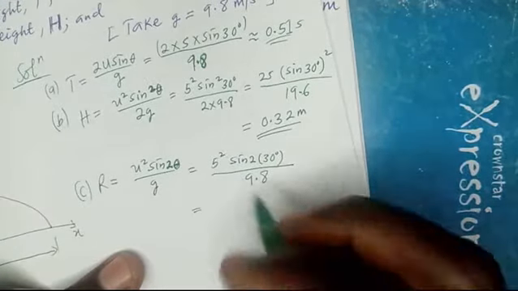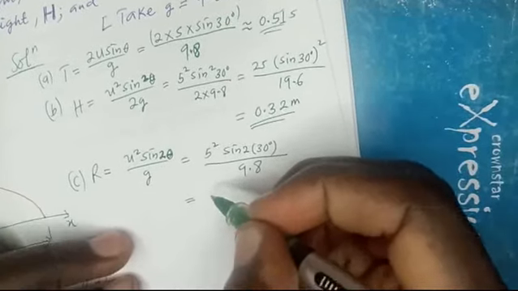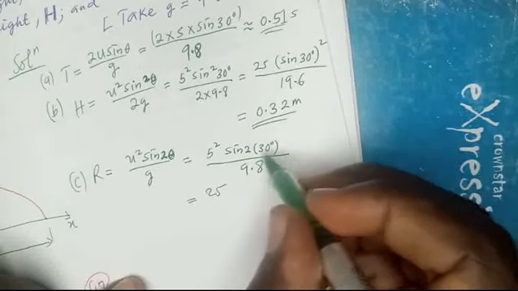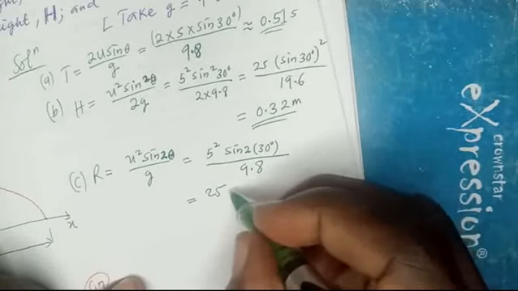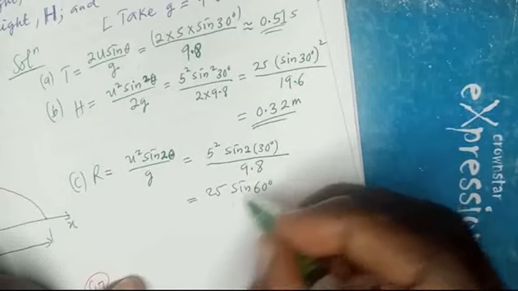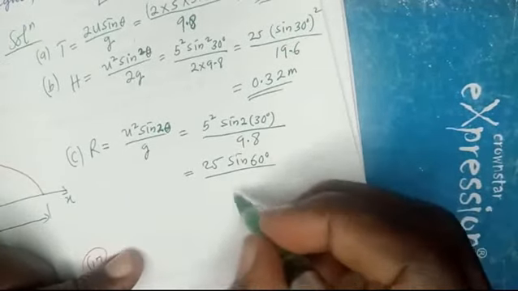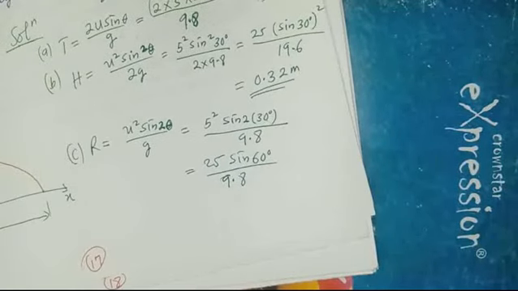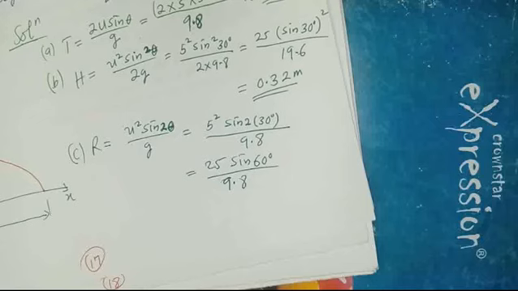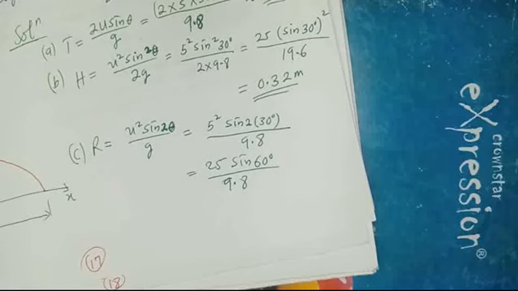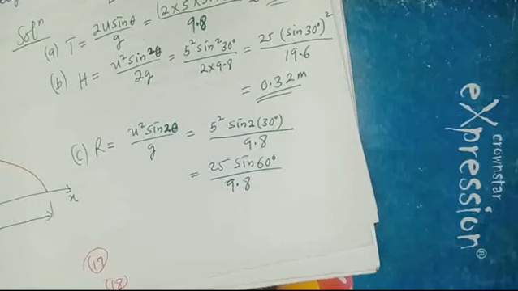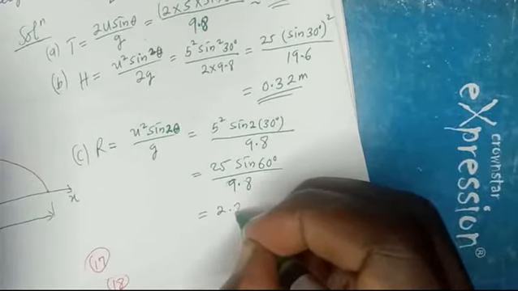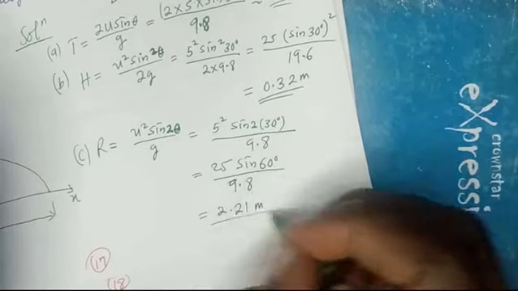Our 5 squared is 25, then 2 times 30 is 60, so we have sine 60 degrees divided by 9.8. Next, we take our calculator and press 25 sine 60 degrees divided by 9.8. When we do that, our result will be 2.21 meters.